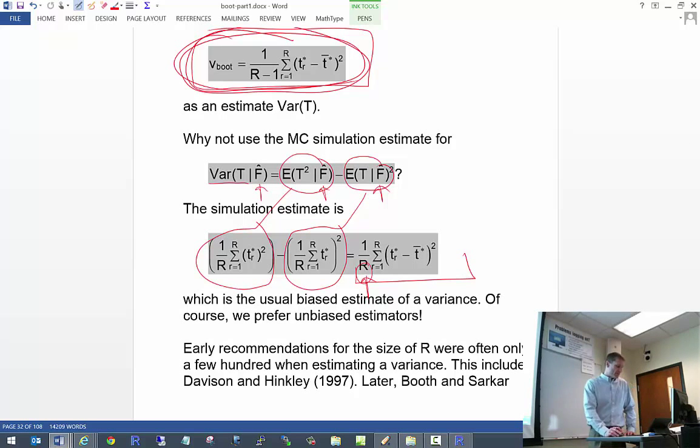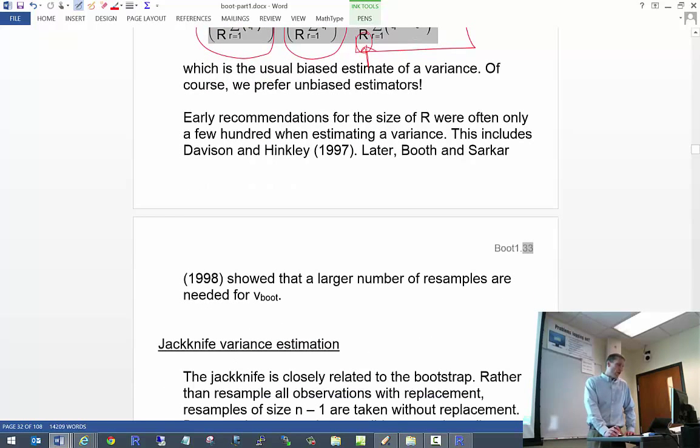A quick note. Earlier in the history of the bootstrap, people said you can get away with taking maybe just an R of a few hundred to do this bootstrap estimate of the variance, which could be helpful at times because often you have to calculate these bootstrap estimates of variance as part of a double bootstrap. And this includes Davison and Hinkley in their book.